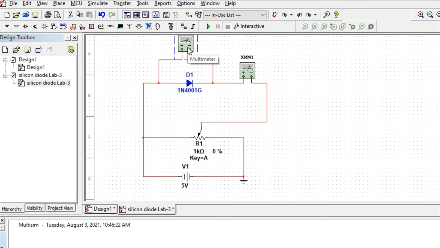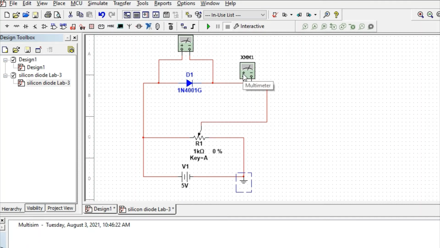This is the voltmeter, although I have used a multimeter for this, and this is the ammeter for measuring the current across the diode. We are going to use a potential source of 5 volt and a ground potential.